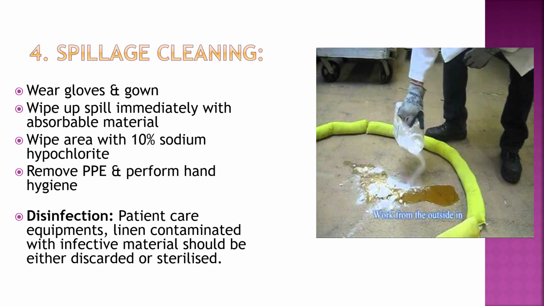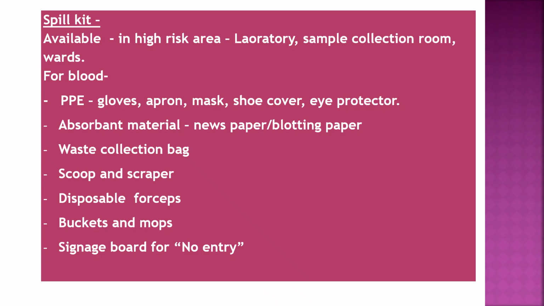In spillage cleaning, you should wear gloves and gown. Wipe up the spill immediately with absorbable material. Wipe that area with 10% sodium hypochlorite. Then remove your PPE and perform hand hygiene. In a spill kit, what things should be available in a high-risk area like the laboratory, sample collection room or wards?